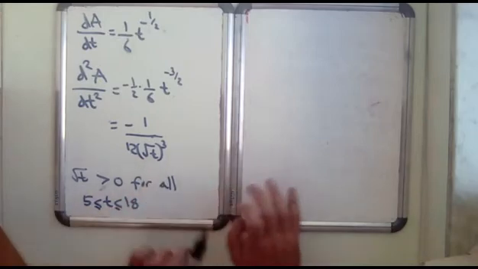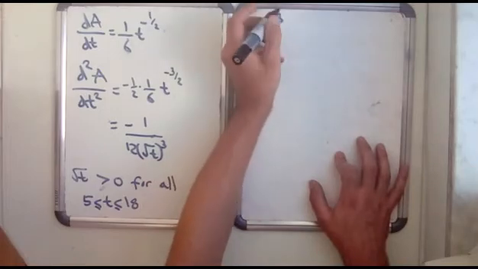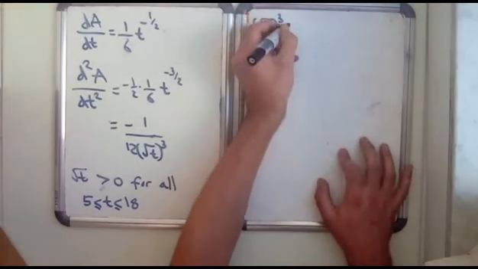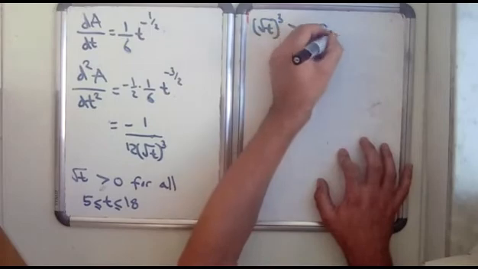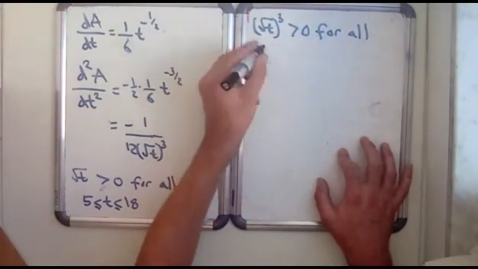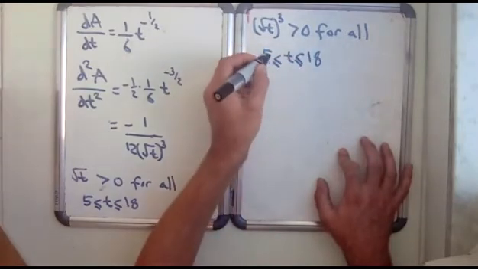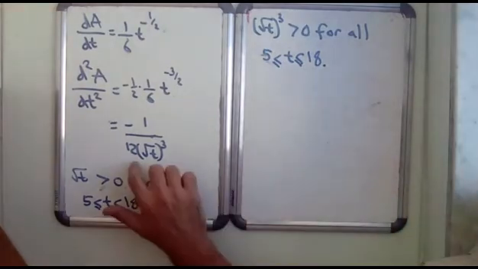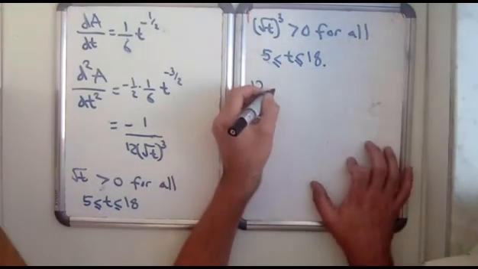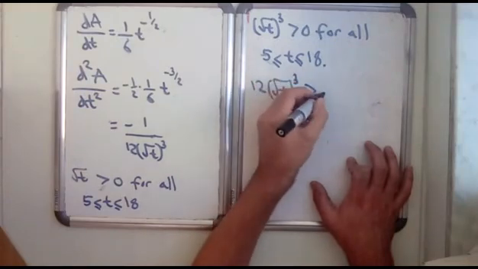So root t cubed, if I cube a positive number, that's definitely still going to be positive, greater than 0 for all t between 5 and 18 inclusive. Then 12 root t cubed must be greater than 0.